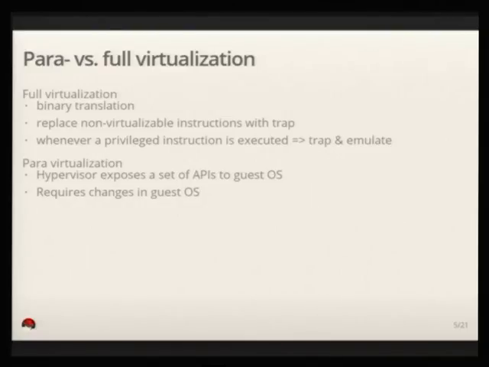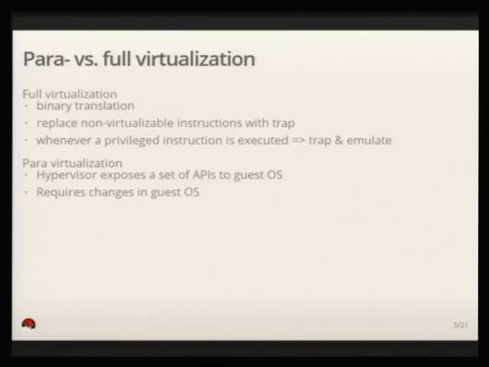Basically, instead of the hypervisor scanning the guest memory and replacing the instructions, the hypervisor will instead expose a set of APIs and let guests call the API whenever it wants to do something privileged. The problem with this approach is that you have to modify your guest.